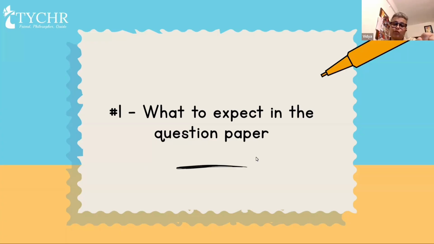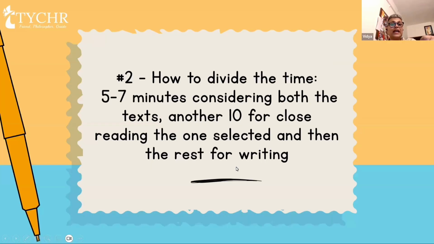The next point I would like to draw your attention to is, since we spoke about standard level students having an option of which text to pick, there is also this consideration of how much time to invest in exercising choice. Although there is no hard and fast rule, and I do not want you to say, oh, Ms. Vidya said you can spend 5 minutes on this, and therefore I will spend 5, not less, not more.